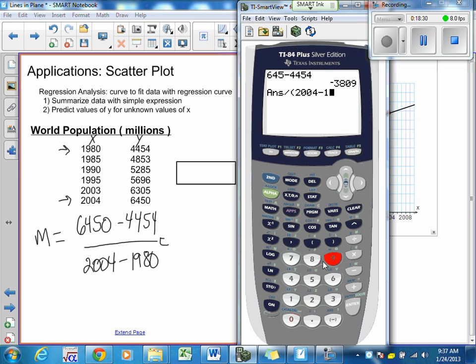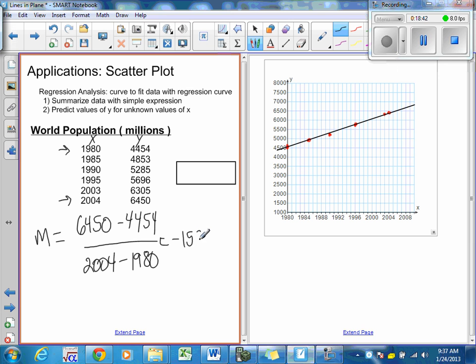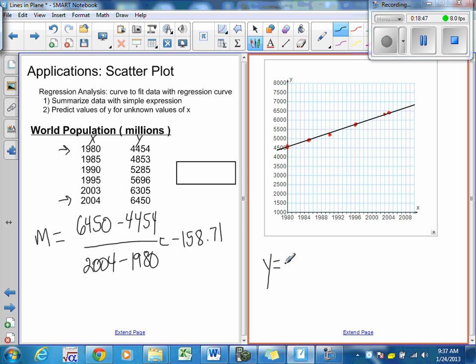Just do our fraction. So negative 158.71. So our equation is y equals negative 158.71 times x minus 1980 plus 4454.